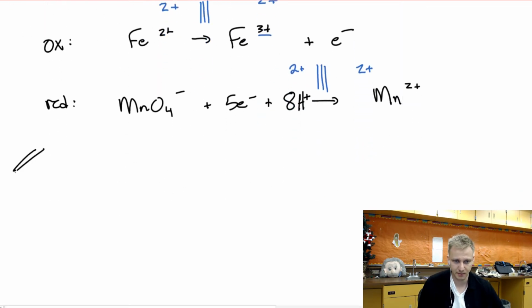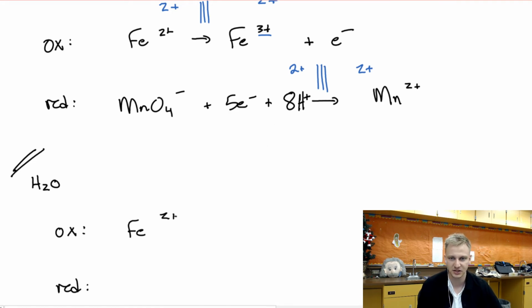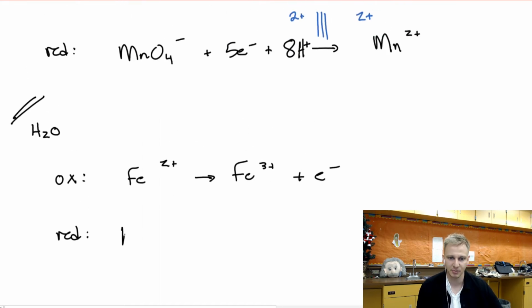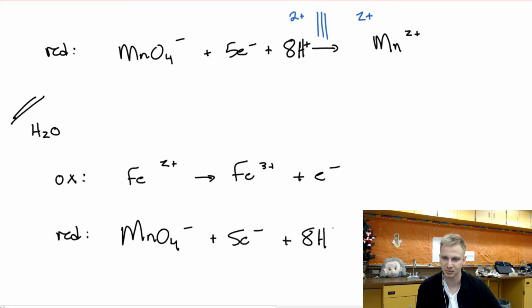So the next step is going to be adding the H2Os. And we add H2Os to balance out the number of hydrogens. So in that top reaction, we had Fe2 plus reacts to produce Fe3 plus and our electron. That one doesn't have any hydrogens, so it's a balanced overall reaction. The bottom one, however, we have MnO4 minus plus 5 electrons plus 8 H pluses reacts to produce Mn2 plus.